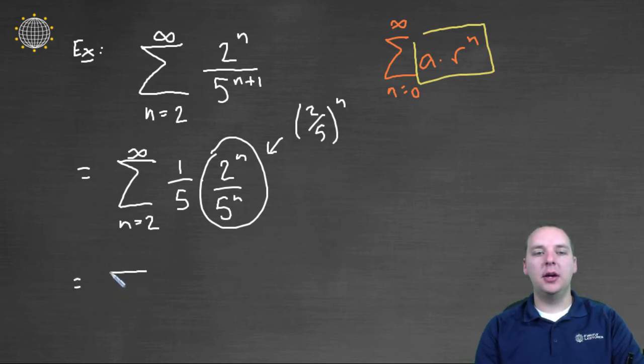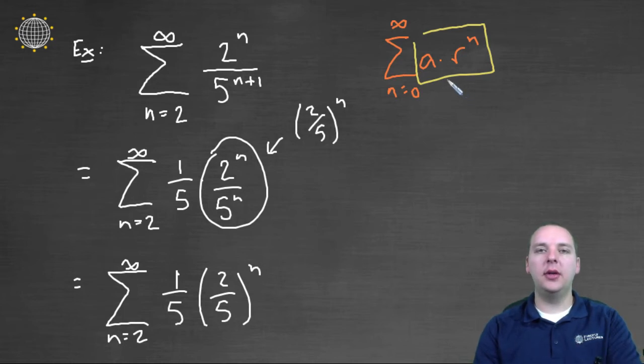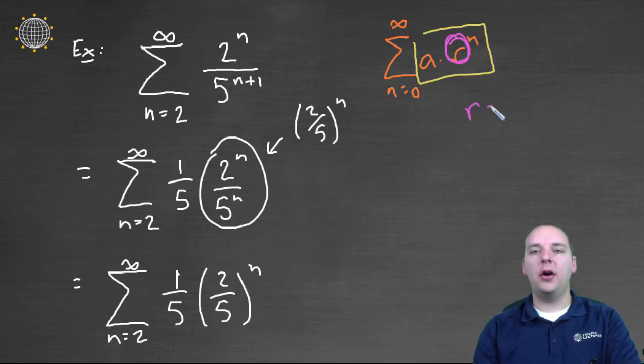So let me jot it down one more time. Sum n equals 2 to infinity of 1/5 times 2/5 to the nth power. Now think, what were your criteria to have a geometric series converge? Well, it had to do primarily with the r value. The r had to be strictly less than 1, but strictly greater than -1.